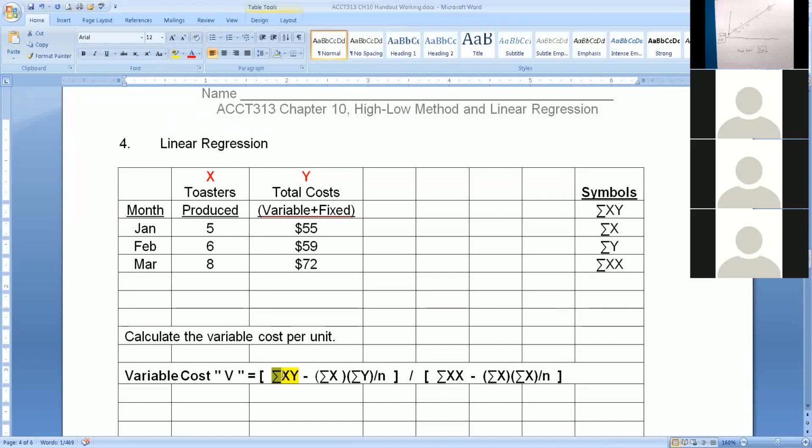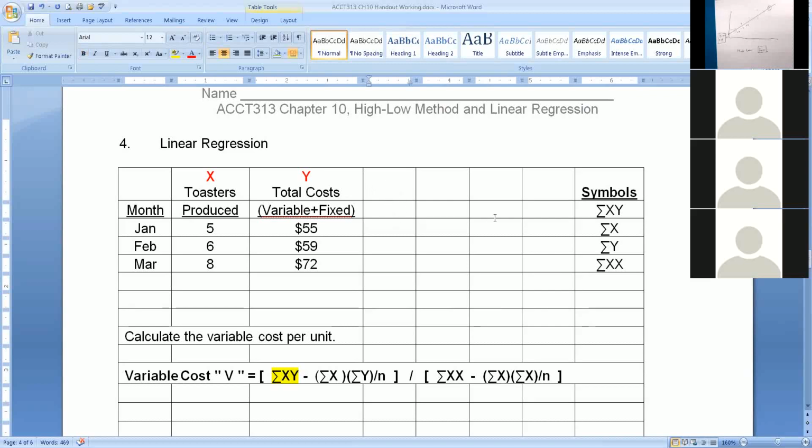Now, when variables are right next to each other, what does that mean? You multiply them. And which do you do first? Do you add them first or do you multiply first? I believe you multiply first. Yep, you multiply first.